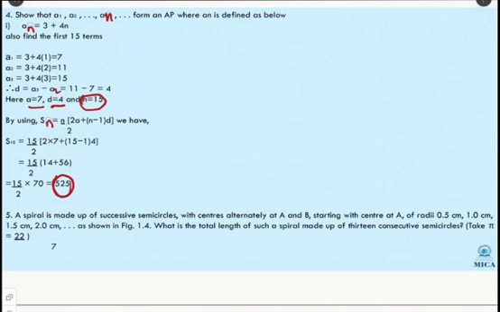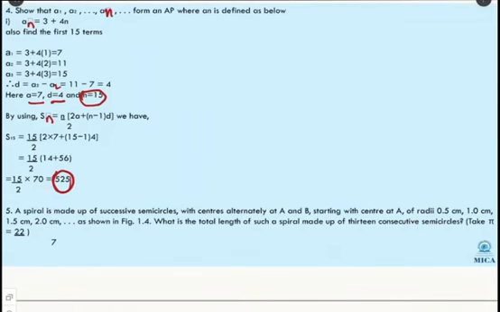A spiral is made up of successive semicircles with centers alternately at A and B, starting with center at A, of radii 0.5 cm, 1 cm, 1.5 cm, 2 cm, as shown in the figure. What is the total length of such a spiral made up of 13 consecutive semicircles?